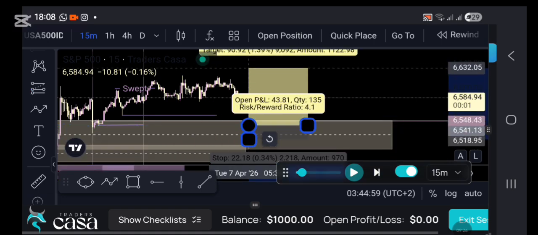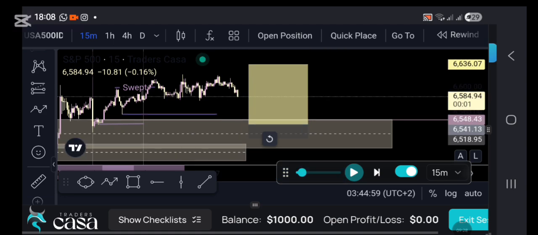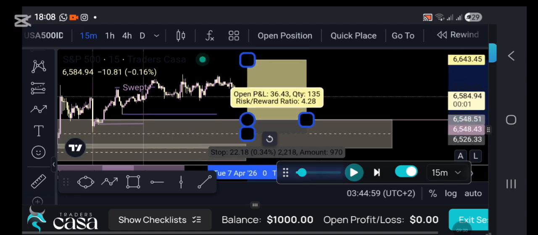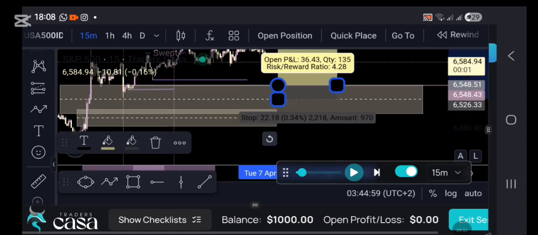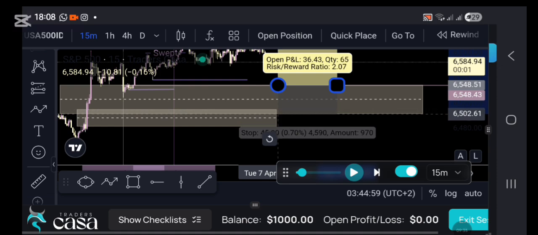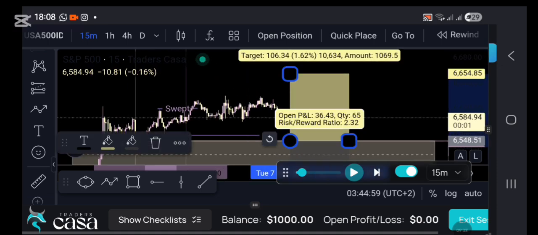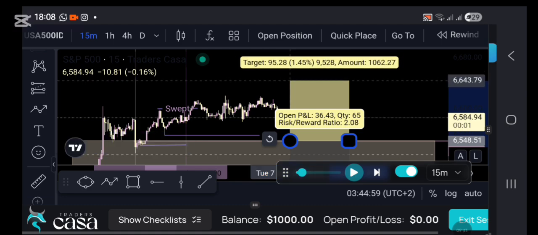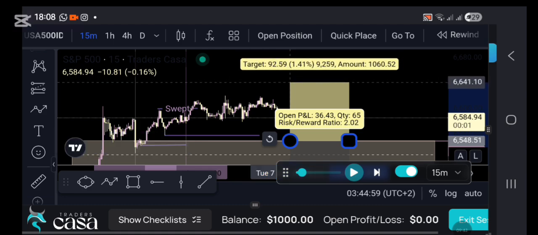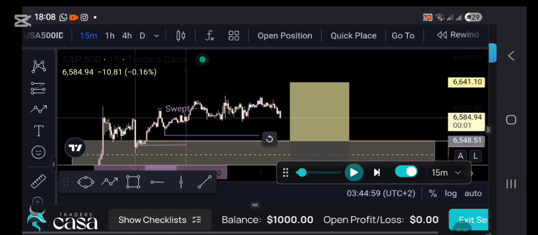Our stop loss is just gonna be there. Remember, don't be greedy with this strategy. We're gonna take a 2RR with this position.